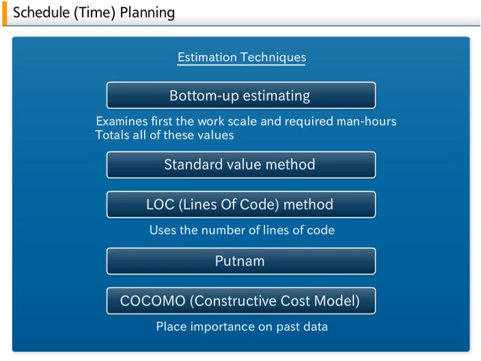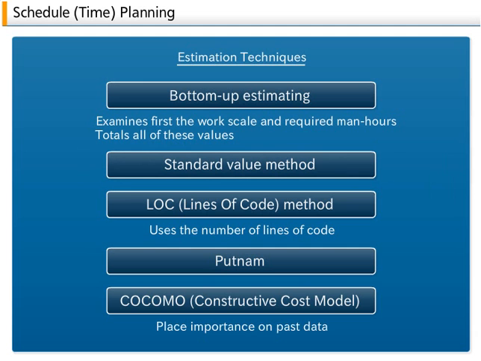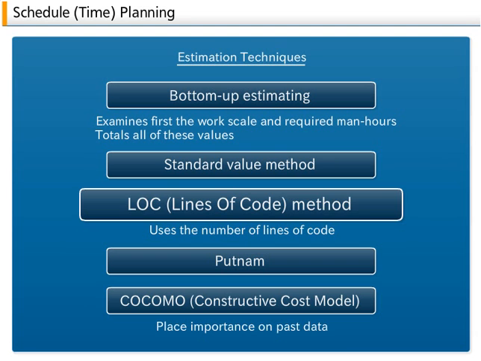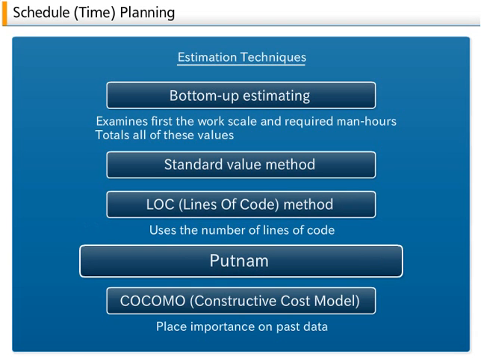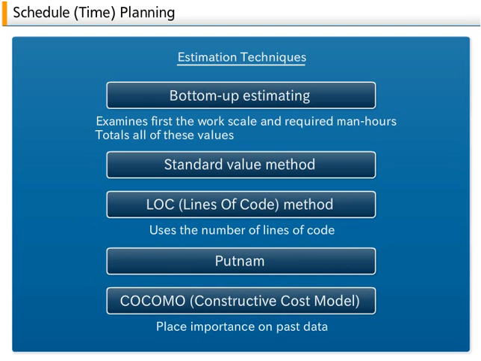This method is also called the standard value method because it uses a standard value of productivity based on past experience to estimate the number of man-hours required. Other methods are the LOC, lines of code, method that uses the number of lines of code as a basis, or the Putnam and COCOMO, constructive cost model, methods that place importance on past data.